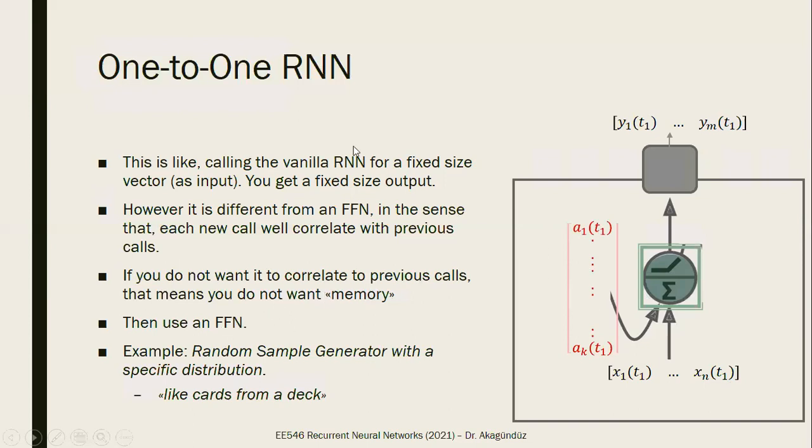However, if you're going to define a one-to-one RNN which would make sense as a recurrent neural network, it would be like you call this function and you get an output. Then, when you call that function again, you'll be using the next state. With another input, you'll get another output. A nice example of this kind is a random sample generator with a specific distribution.